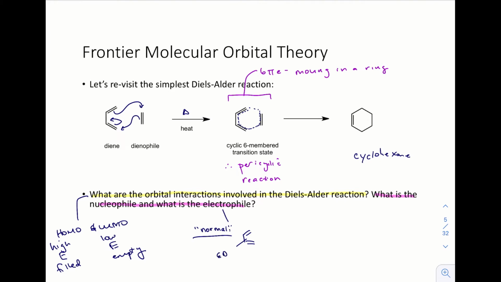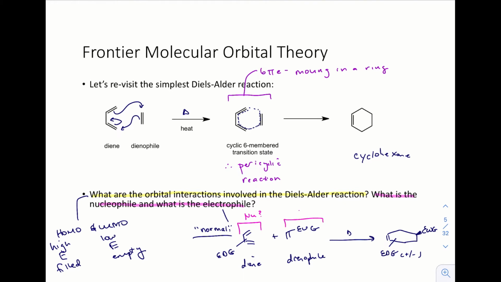Typically, there are electron donating groups on the diene and electron withdrawing groups on the dienophile. Thus, we might expect the diene to act as the nucleophilic species and the dienophile to behave as the electrophilic species. The electron withdrawing group would make this electron poor. The electron donating group would make the dienophile electron rich. Seems like a reasonable expectation, at least for the normal electron demand Diels-Alder reaction.